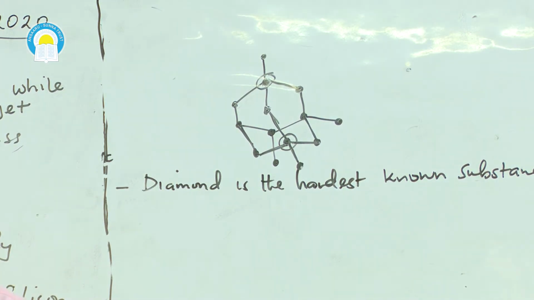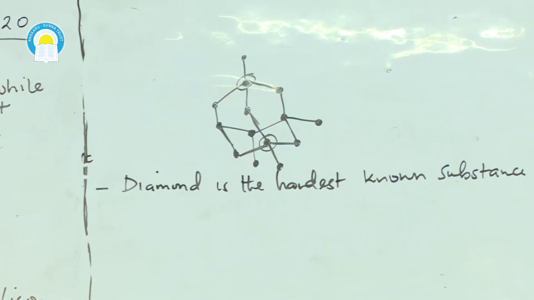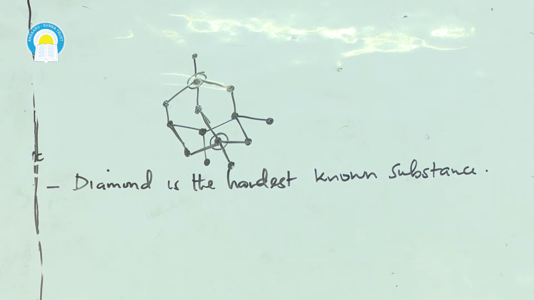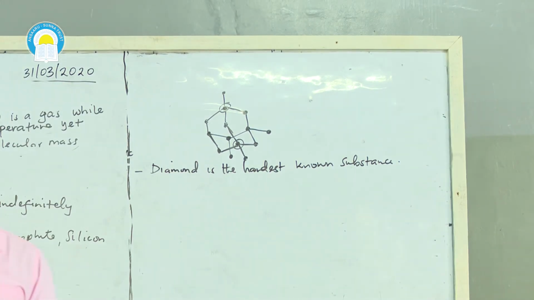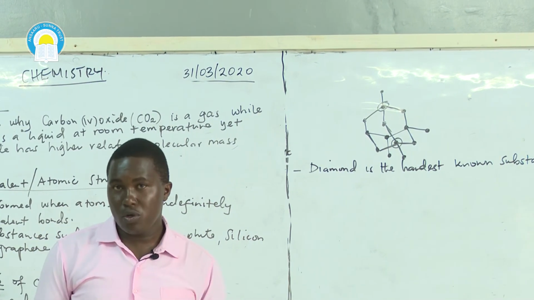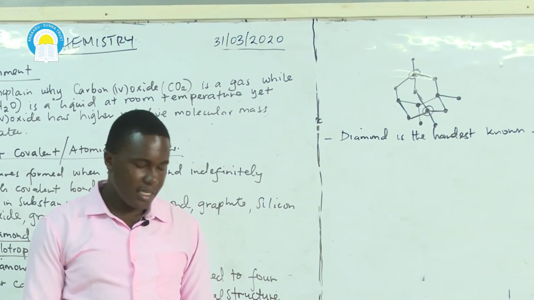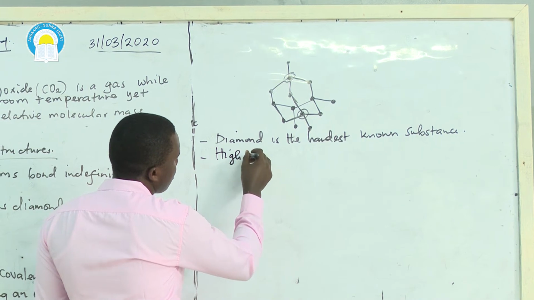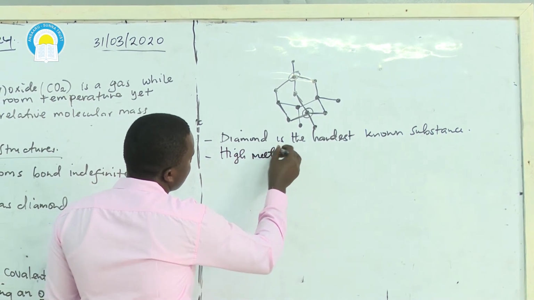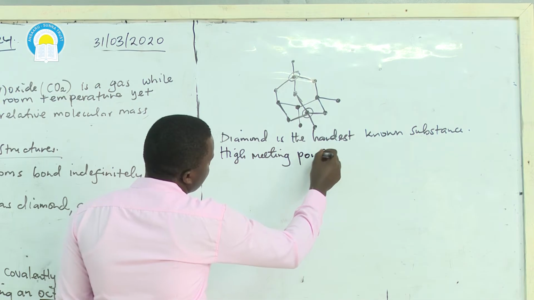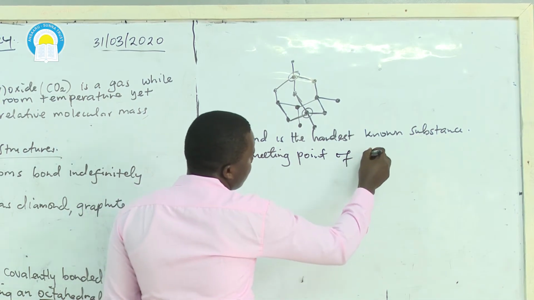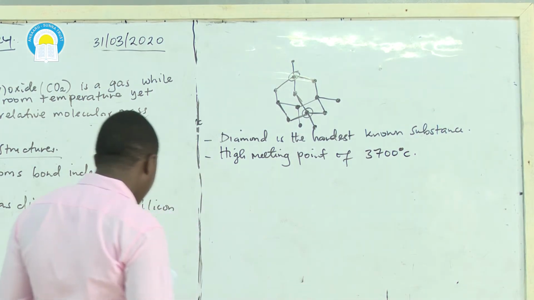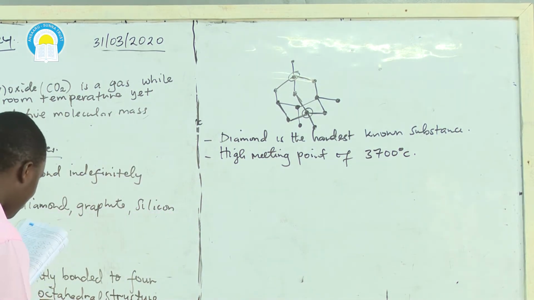So it is the hardest known substance, and this diamond can be used to make drillers that can make holes in metals, in metallic surfaces. It has a very high melting point of 3,700 degrees Celsius.